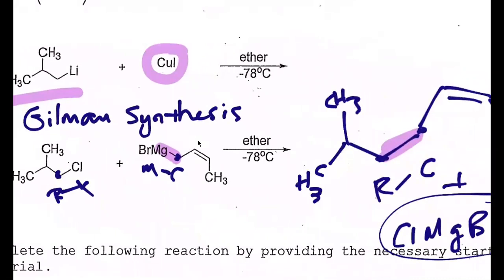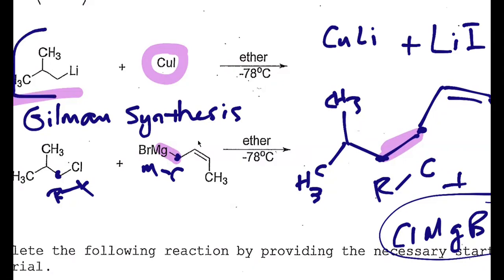Hold on, let me look at it. I'm going to get LiI. That's just a side product. And then I'm going to get copper lithium, good. And then 2 of these pieces attached at this carbon right here.